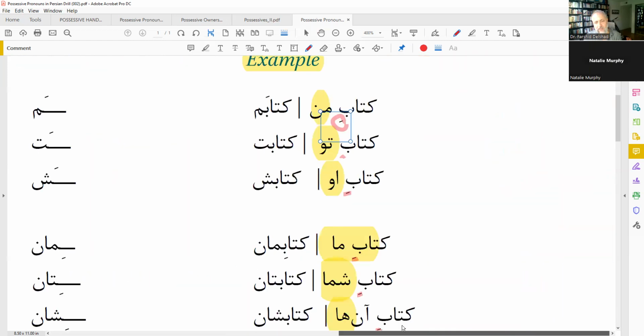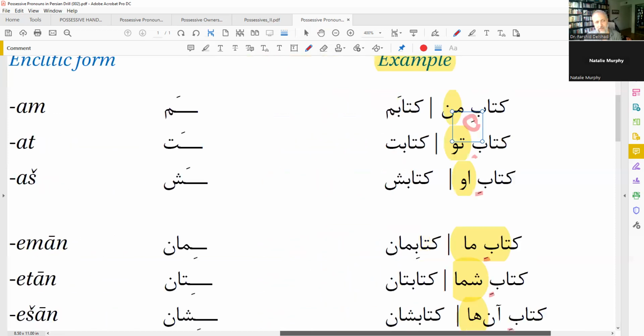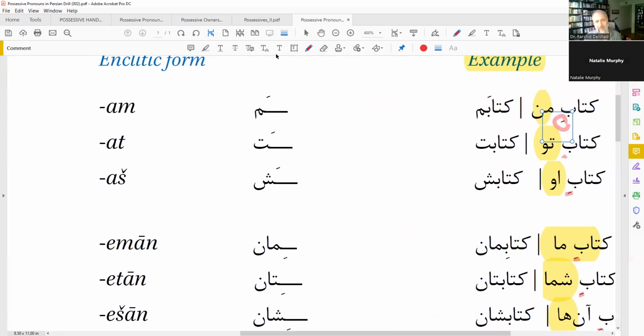These are the endings I would like to work on. We have am, as you see now transcribed here and in the Arabic alphabet, at, and finally ash in the third person singular.